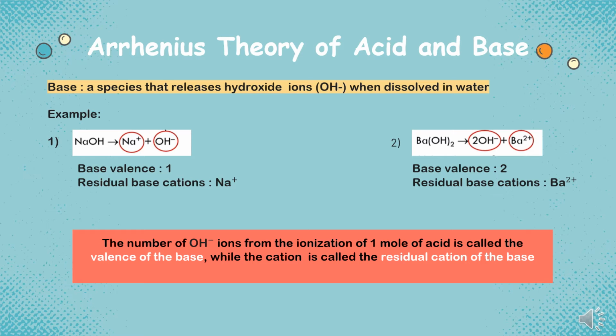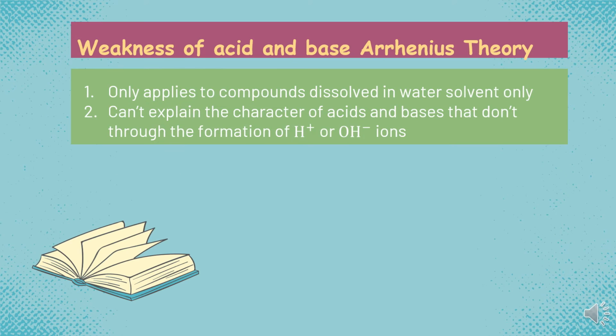The number of OH- ions from the ionization of 1 mole of base is called the valence of the base, while the cation is called the residual cation of the base. Weakness of the acid and base Arrhenius theory.